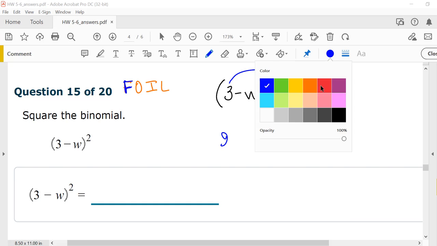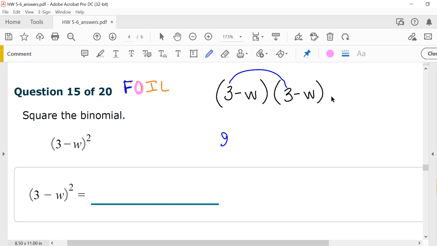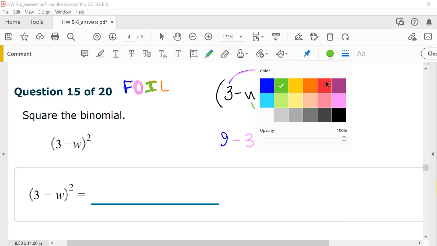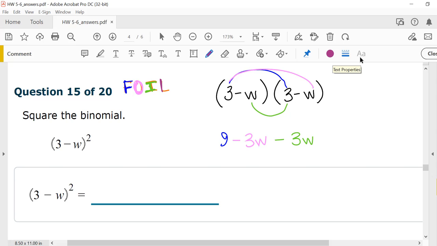When I multiply the outer terms, 3 times negative w is negative 3w. When I multiply the inner terms, negative w times 3 is negative 3w. And last, when I multiply the last terms, negative w times negative w is positive w squared.